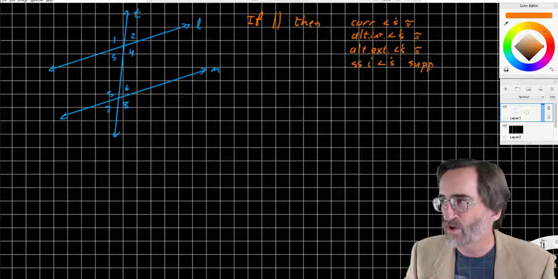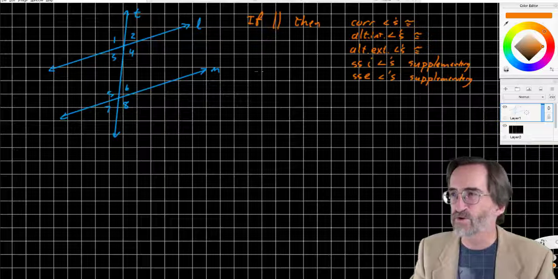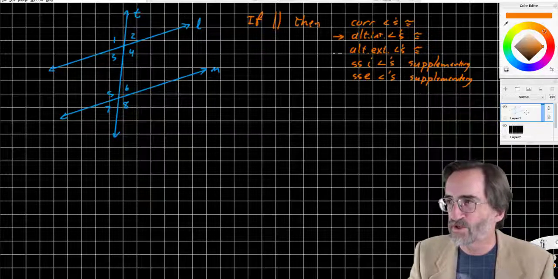They add to 180. Same side exterior angles are also supplementary. Those are the rules. So let's prove that alternate interior angles are congruent.